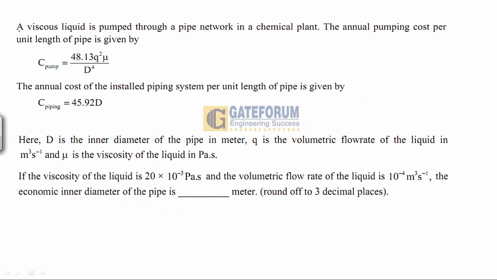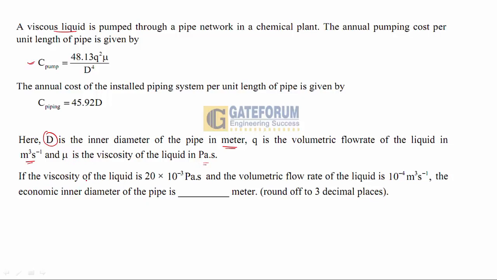This question is saying that a viscous liquid is pumped through a pipe network in a chemical plant. The annual pumping cost per unit length of the pipe is given to us by this expression: 48.13 Q square mu upon D to the power 4. Also, the annual cost of the installed piping system, again per unit length of pipe, is given to us, which is 45.92 D. Here capital D is the inner diameter of the pipe in meter, Q is the volumetric flow rate of the fluid in meter cube per second, mu is the viscosity of the liquid in Pascal second, all in standard units.